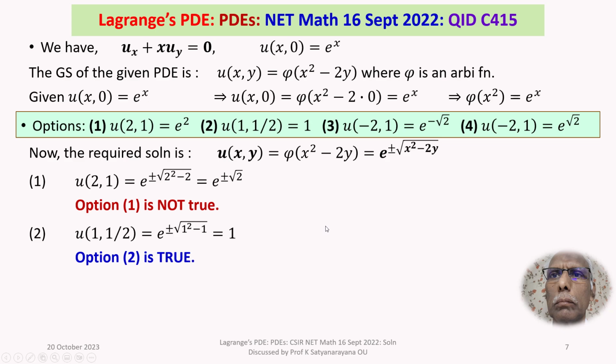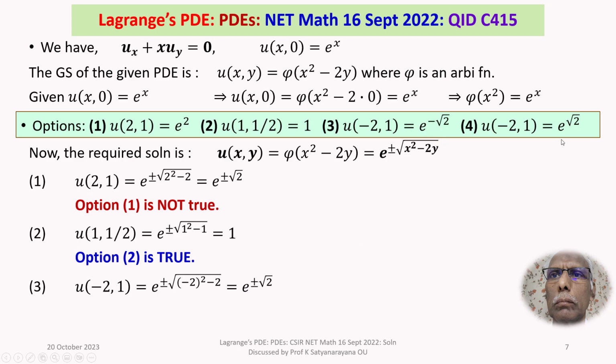Agreed. So now let's take the third option, u(-2, 1). That will be e^(plus or minus the square root of x^2 - 2y), that is (-2)^2 - 2y, that is 2. And that is equal to e^(plus or minus root 2). In option 3, it is given e^(minus root 2). Yes, this is correct.